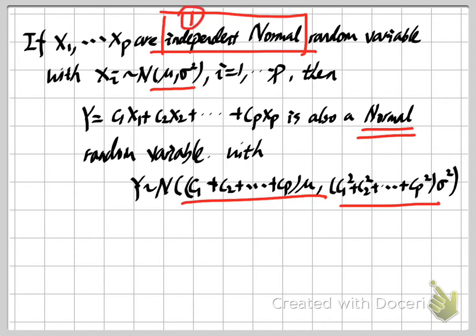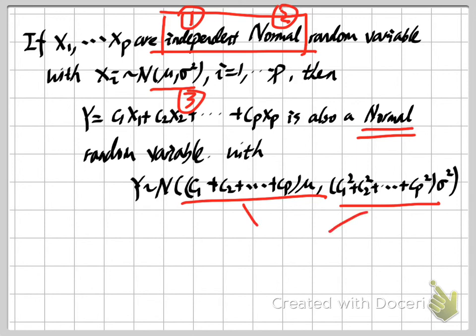The first is x1 until xp are independent of each other. The second is all of them are normal random variables. And the last is they share the same mean and the same variance. Based on these three requirements, we know y is still a normal random variable with this complicated mean and complicated variance.